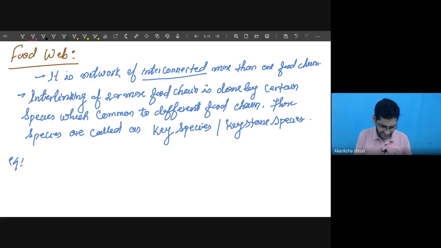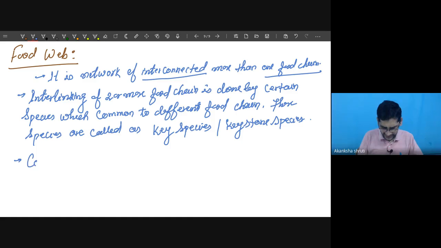Example. So food web is what? More than one food chain. Or alternatively, we can write the definition of food web like this.